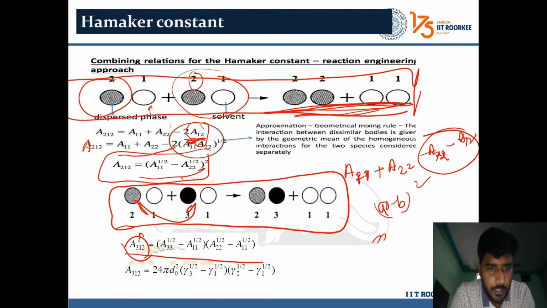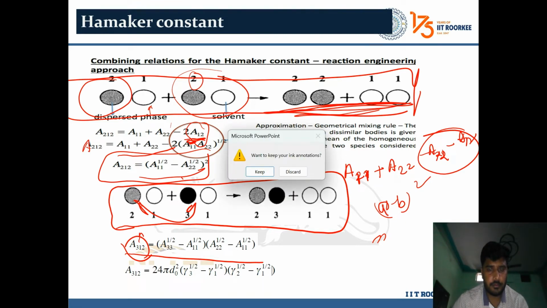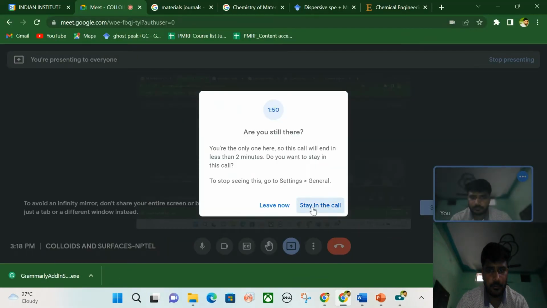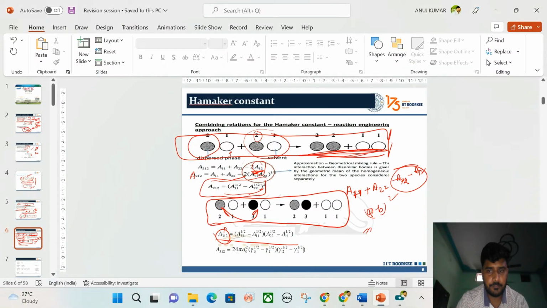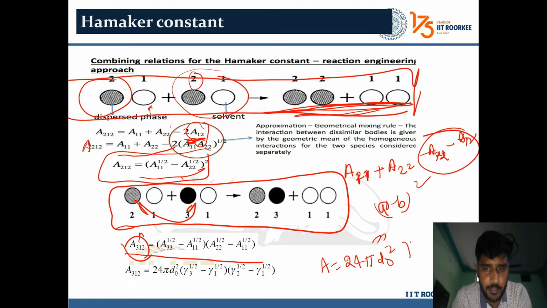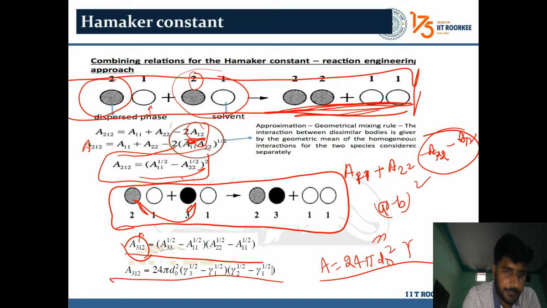After that, you can expand the formula, that is 24 pi d naught square gamma. You can write it in that form, expand this expression, and finally you will get it in terms of the surface tension.